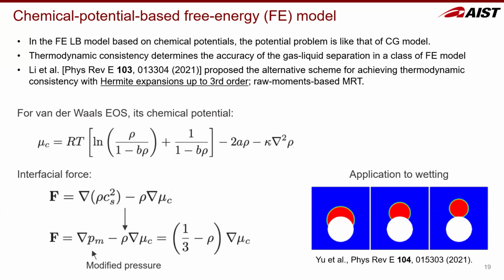In the original free energy model, the force vector can be written like this, in a framework of potential form. In the strategy of Lee et al., the force is replaced by using modified pressure, and as a result, this force vector can be redefined.